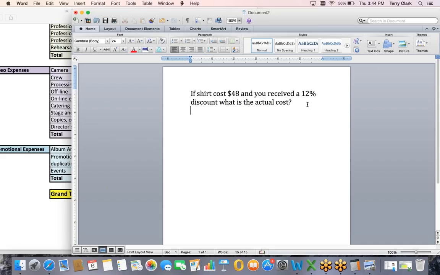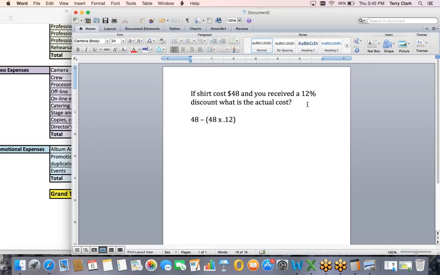Okay, so now to figure out that cost, we can do it one of two ways. The first way is we can take the actual cost of 48 and subtract 48 times 0.12. We can figure out what the discount is and then subtract it.